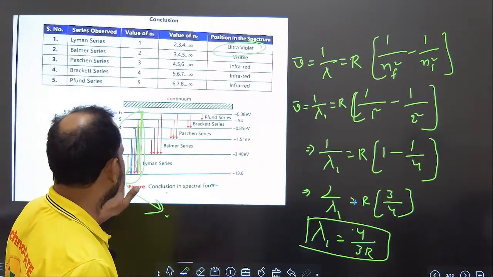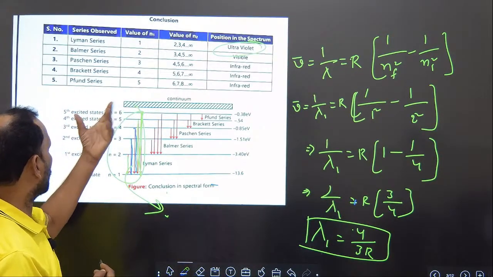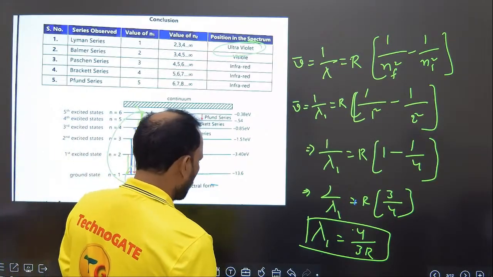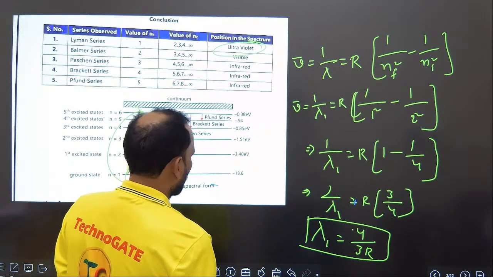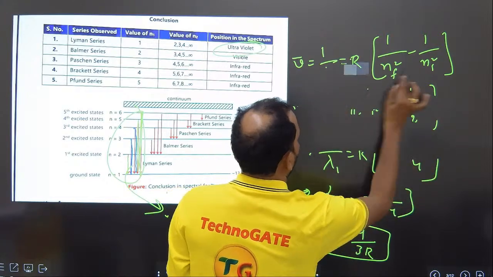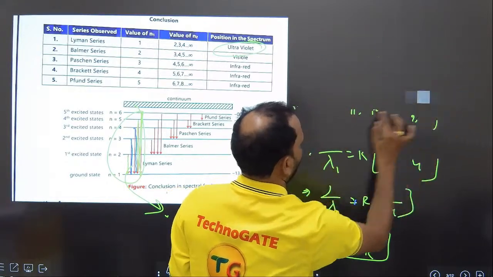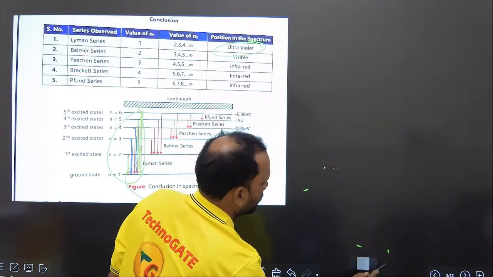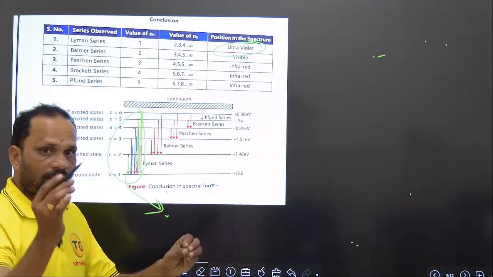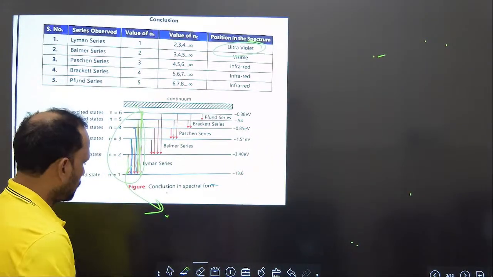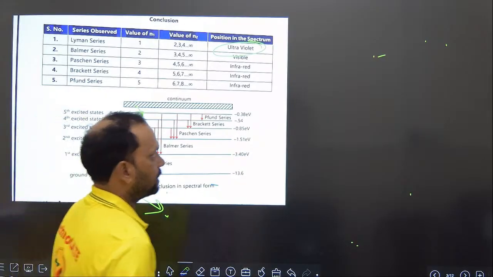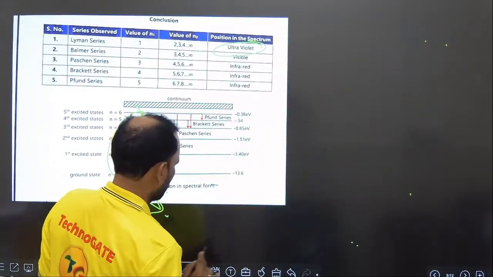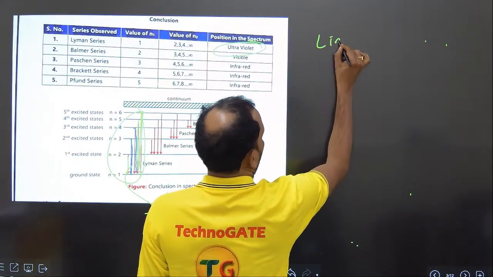So this is the Lyman series. What is the limiting value of the Lyman series? Limiting value means the electron is coming from infinity to the ground state. Then we can call it the limiting value.